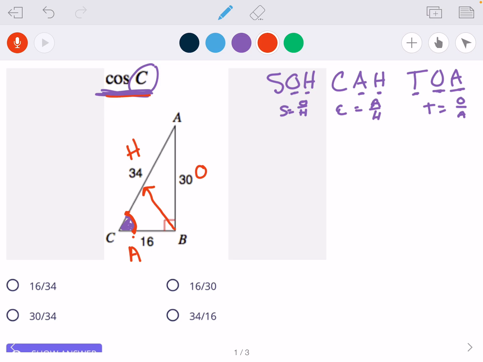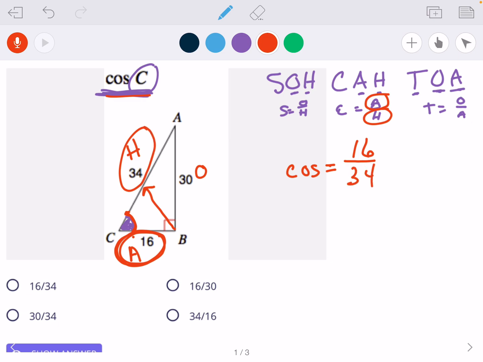So I'm finding cosine, and the cosine is adjacent over hypotenuse. My adjacent number is 16, so adjacent 16 is up top. My hypotenuse, 34, is on the bottom. So 16 over 34. Next problem.